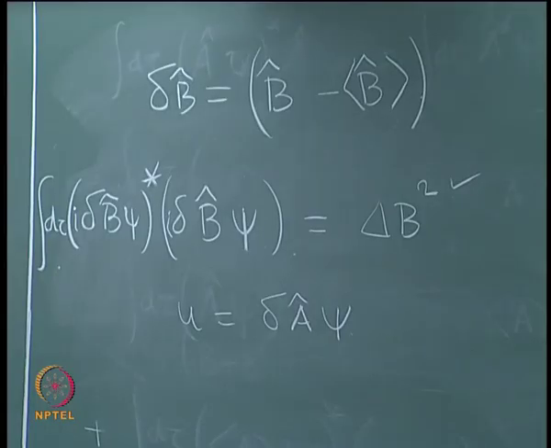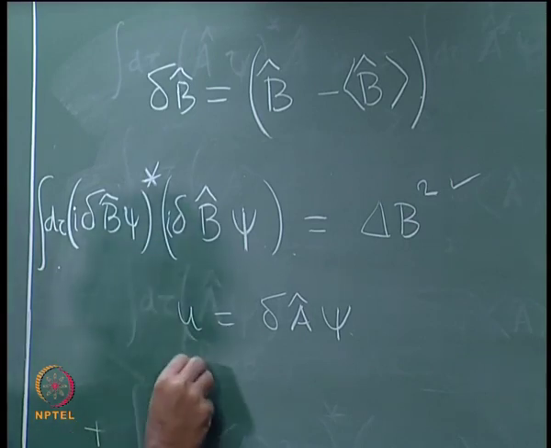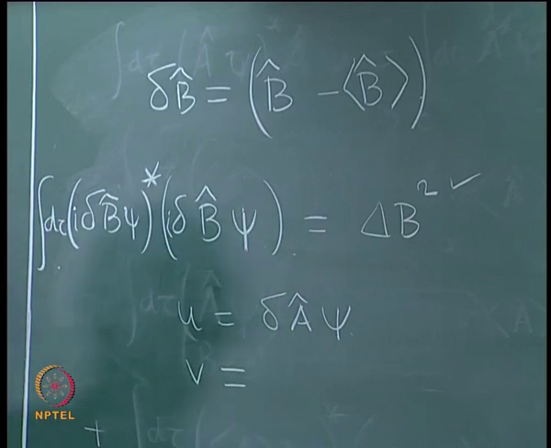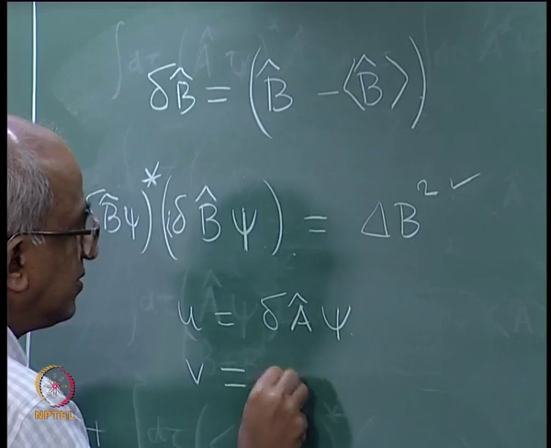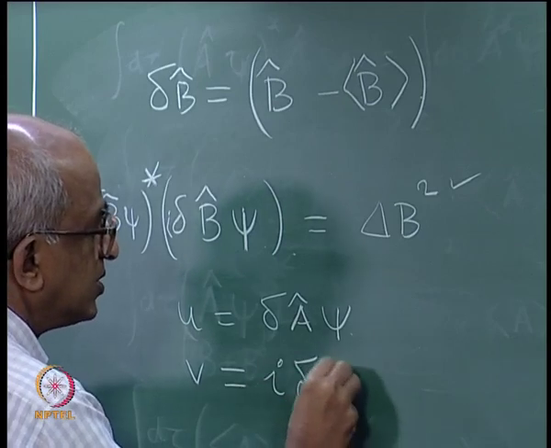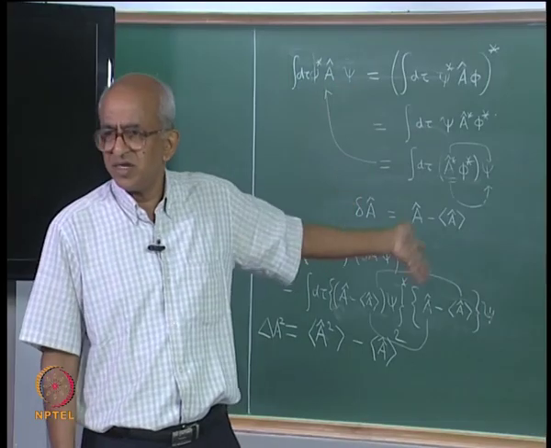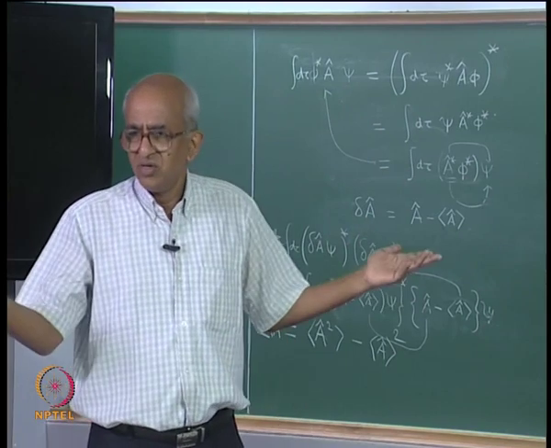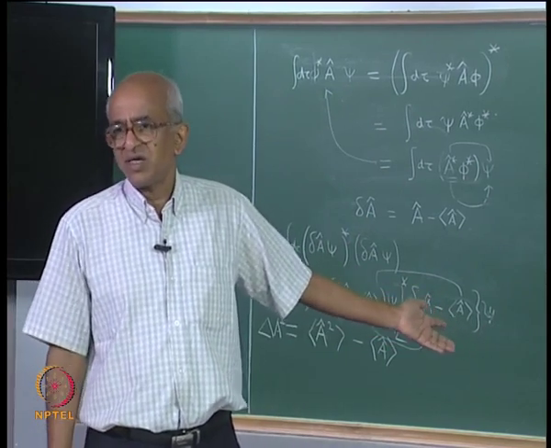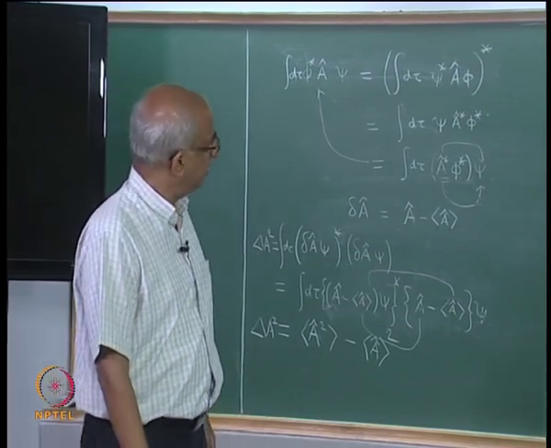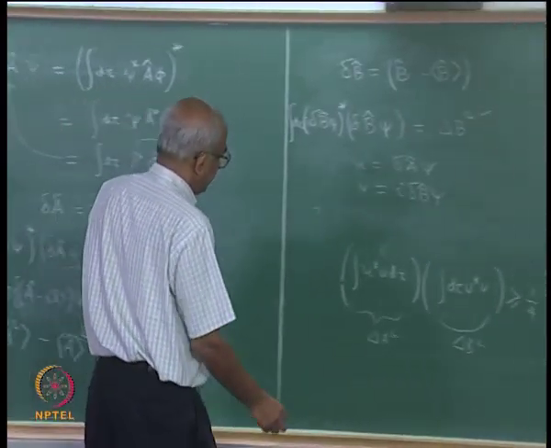So, let me say u is delta A operating upon psi, and what is v? v I will say is i times delta B operating upon psi. I can always do that because this Schwarz inequality is valid for any arbitrary u and v. So, I am perfectly justified in choosing whatever. You can choose your own u and v, it has to be valid because this is a general inequality. So, if you did that, what will happen?